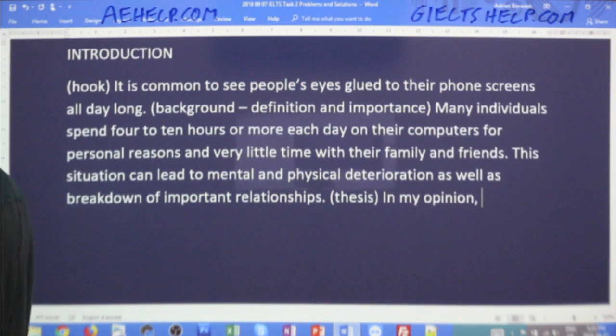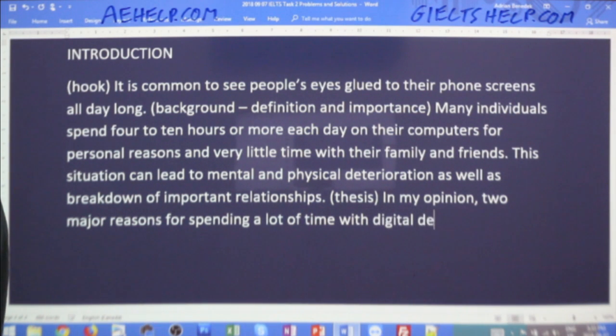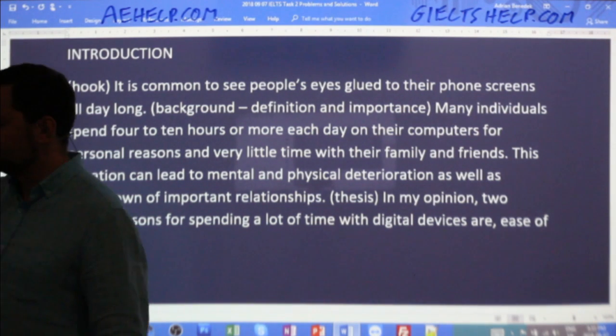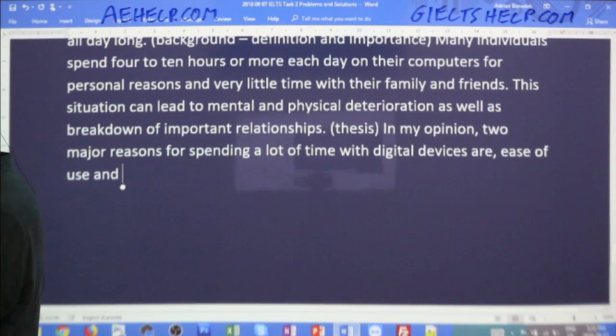So in my opinion, 2 major reasons for spending a lot of time with digital devices are ease of use and what? So ease of use and shy personality.